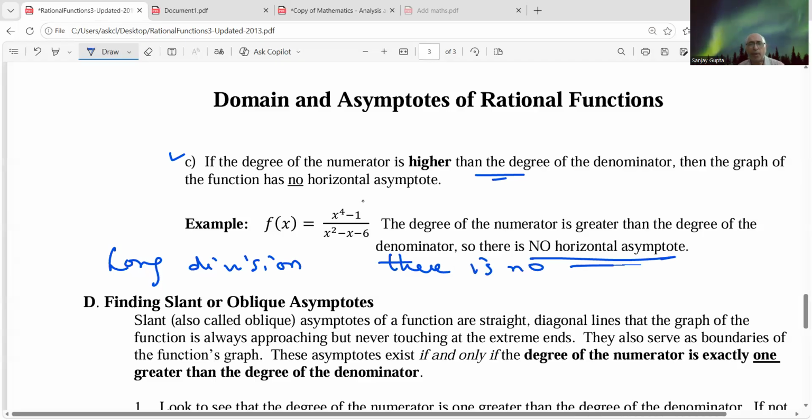We will carry out long division, and from that we will get what is called an oblique asymptote, which I will discuss in the next video. But as of now, you can understand that if the degree of the numerator is greater than the degree of the denominator, then there is no horizontal asymptote. So horizontal asymptote will not exist in this question.